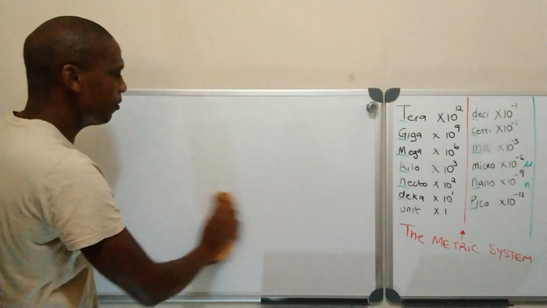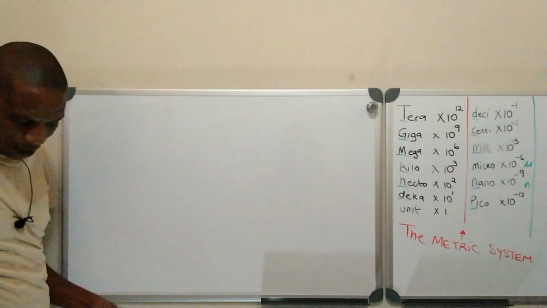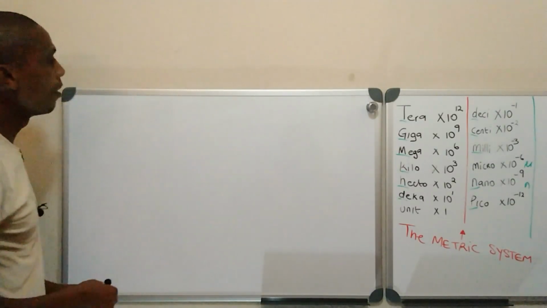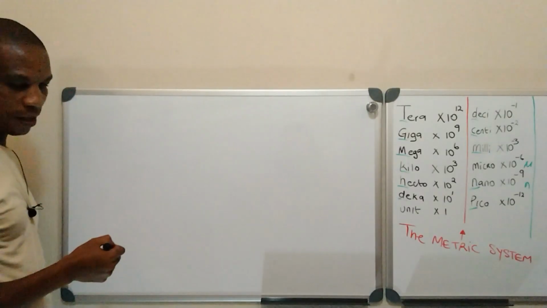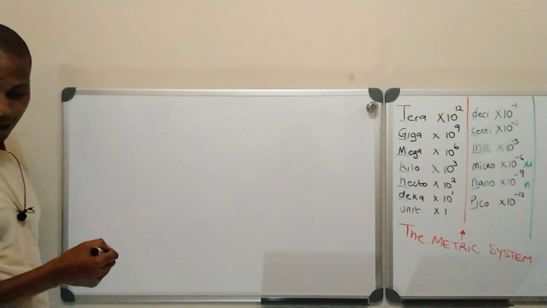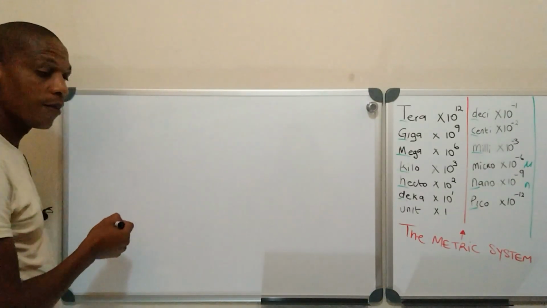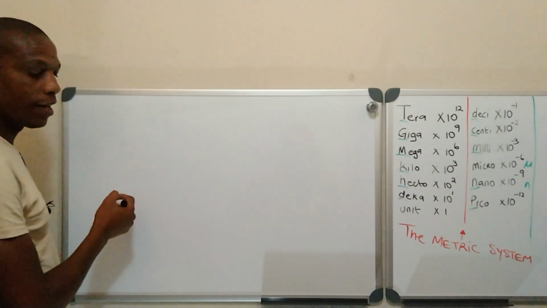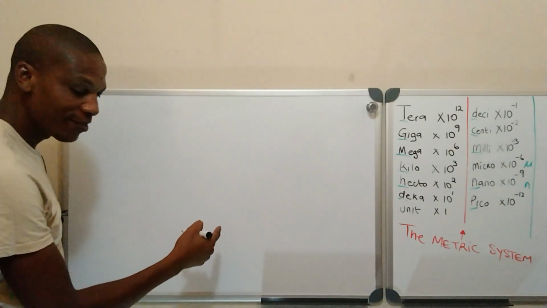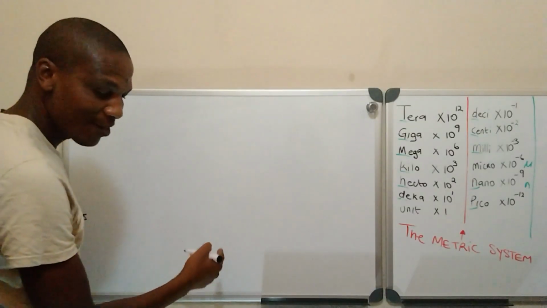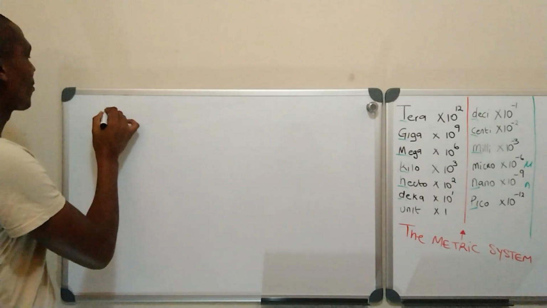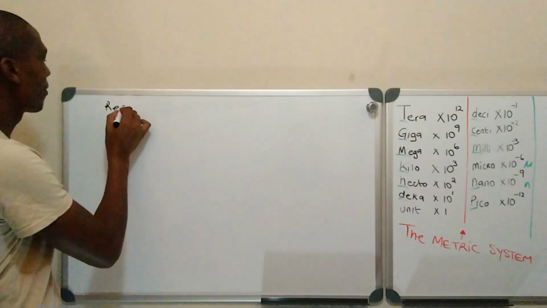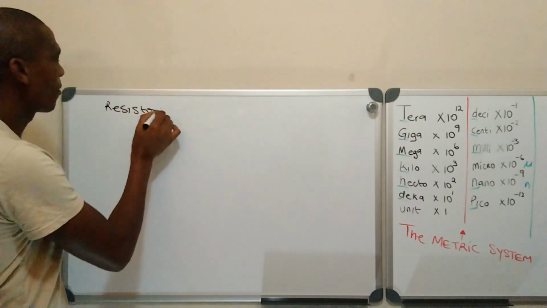So now let's compare the three. What do we call these components again? Resistor, inductor, capacitor. They are passive electronics components. Let's start with the resistor.